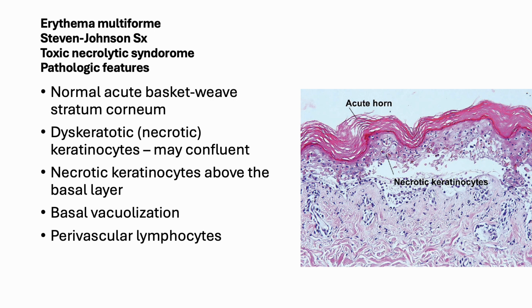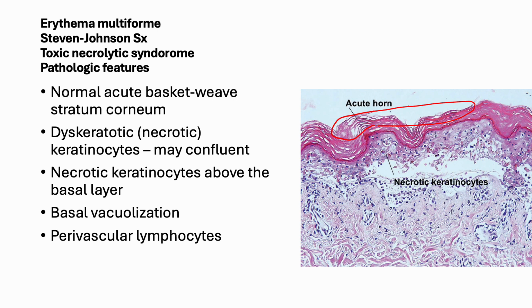So histologically, you can see the stratum corneum usually is intact. The reason is as an acute process, the stratum corneum is uninvolved. So that's why we see this normal basket weave stratum corneum. Sometimes people refer to this as acute basket weave stratum corneum.